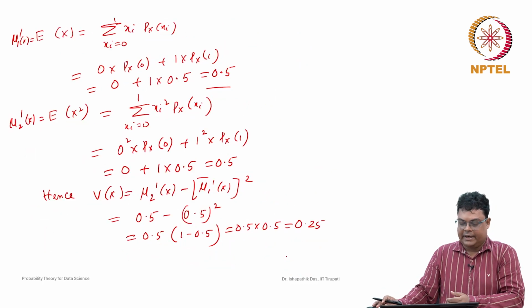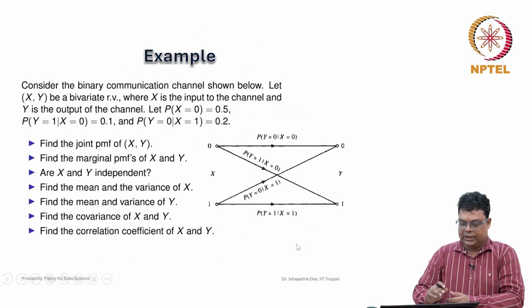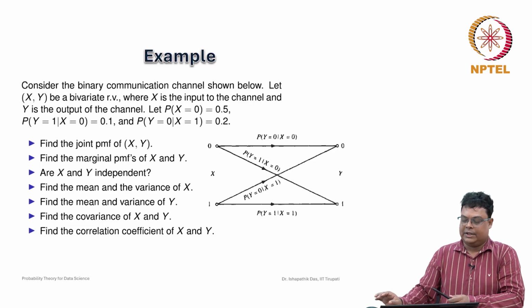Next, are there any remaining questions? So this is the covariance of xy. Now find the correlation coefficient of x and y. This is the last question.